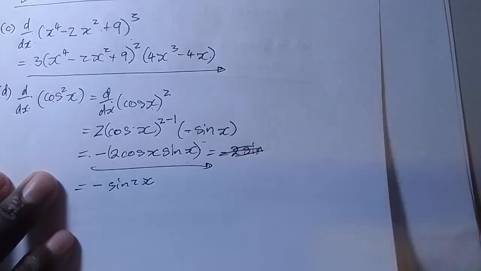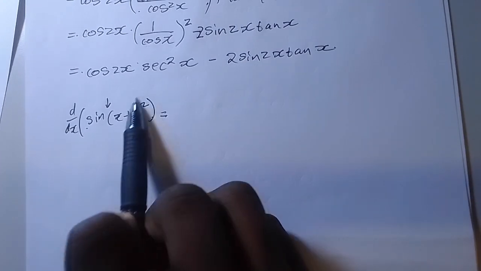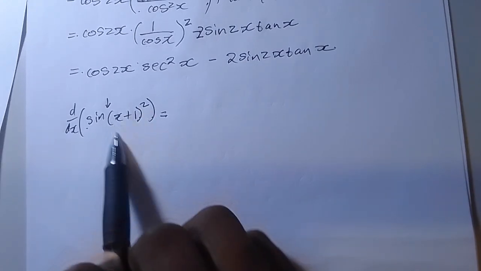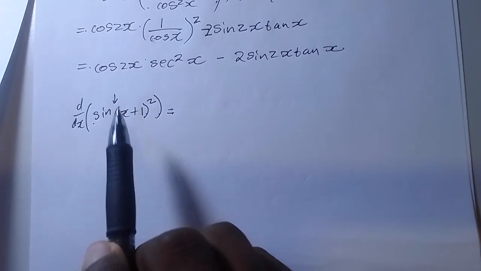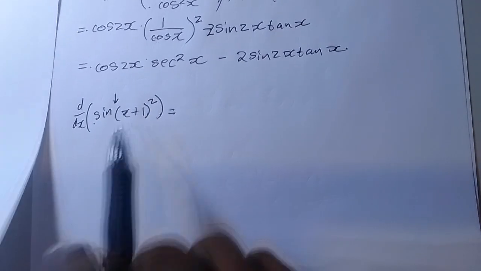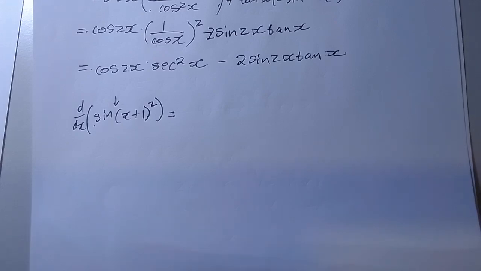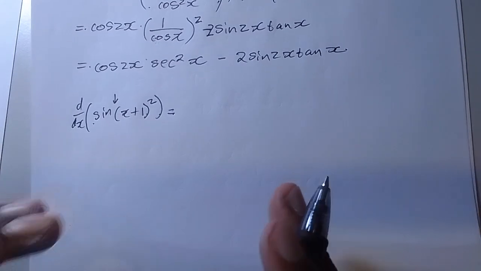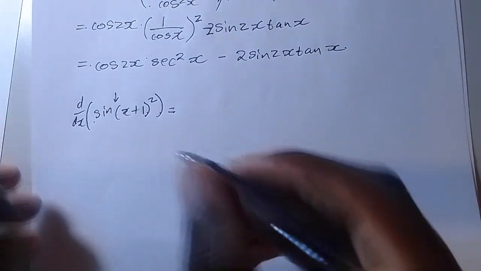It's different from that one. In this case, we just have x plus 1 squared. So it's the angle that is squared. It's not sine of the angle that's squared. So in that case, the outside function is just sine, right? It's just sine. It's not sine all squared, or something squared.